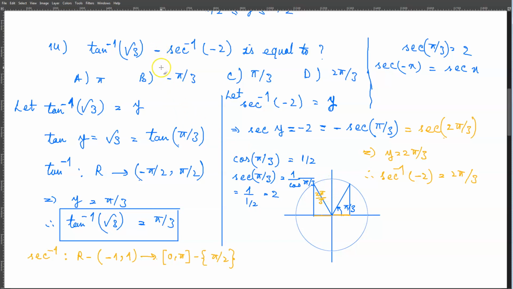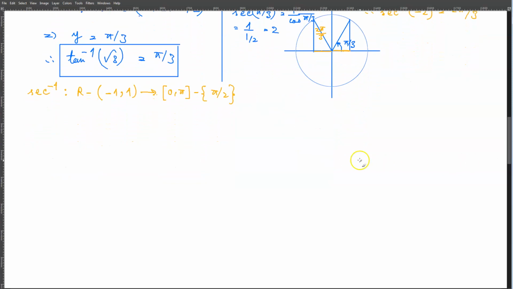Now what we were trying to calculate was this expression over here, which was tan inverse of square root of 3 minus secant inverse of negative 2.